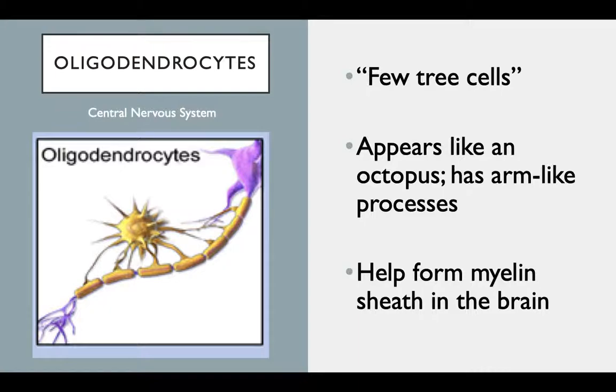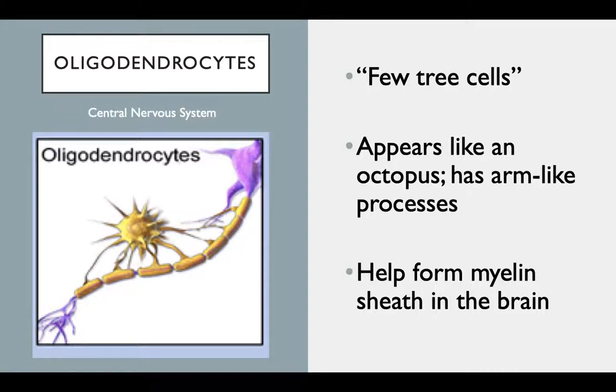The first type of cell of the central nervous system are oligodendrocytes. The name is translated from the term few tree cells. Some say it looks like an octopus, as it has a round and bulbous body and has extensions called processes.